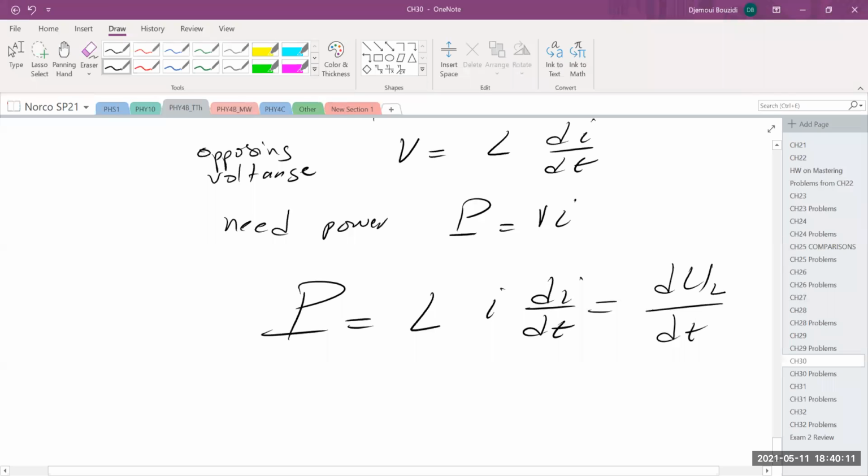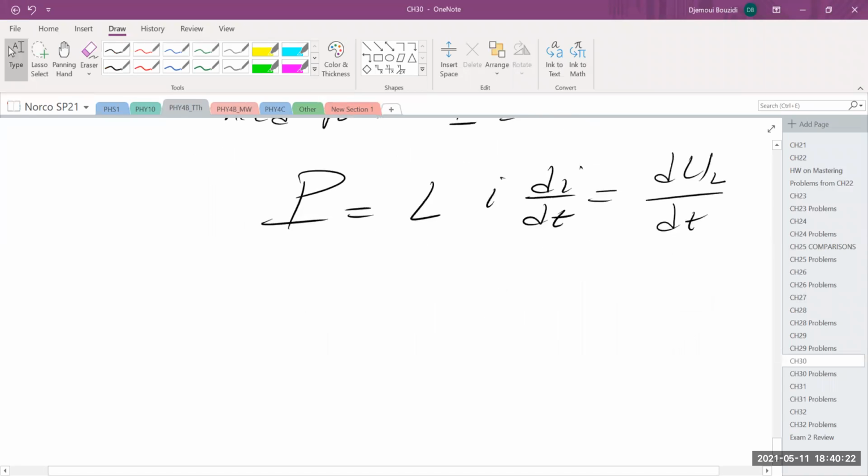This is the amount of energy I'm delivering to do that, and it's stored now in the inductor in this form. Obviously, I need to do some calculus to find the actual energy. So what I'm going to do here is note that the derivative with respect to time of 1/2 of I squared is equal to I di over dt.